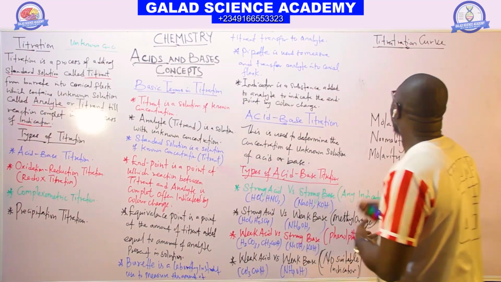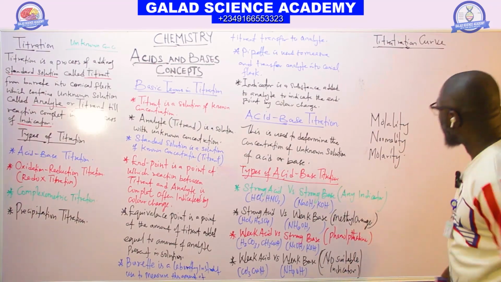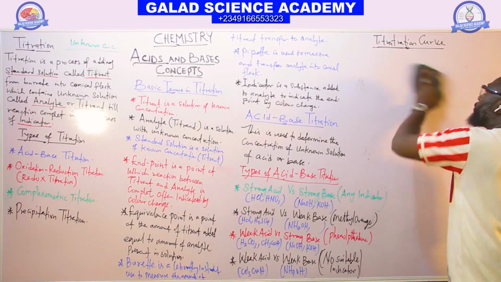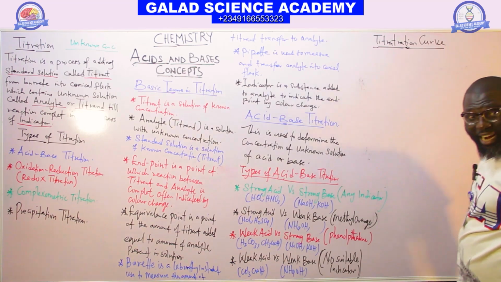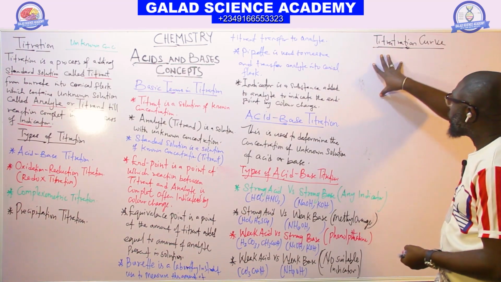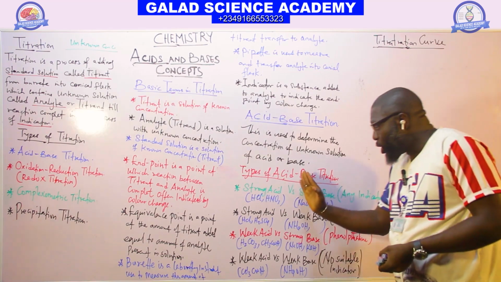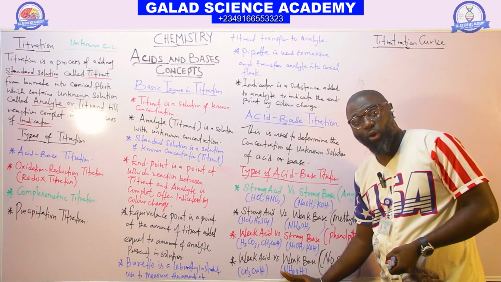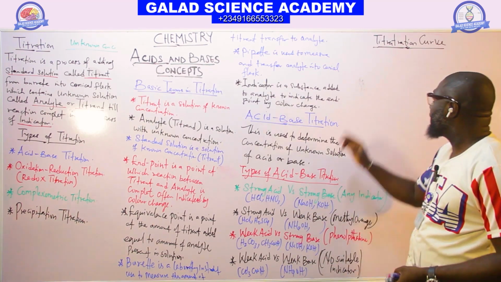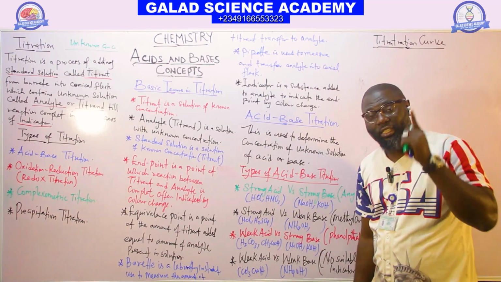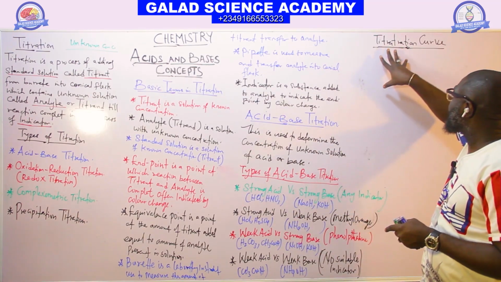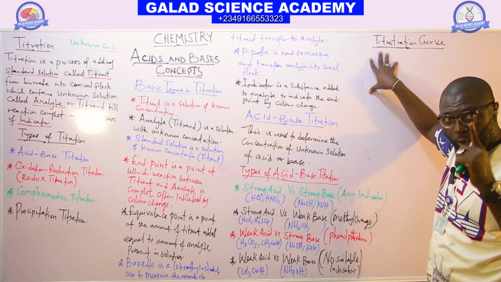Now let us continue with the acid-base titration curve. This titration curve is the graph that describes all these types of titration we have. And we have 4 types of titration, therefore the titration curve is also divided into 4 parts.